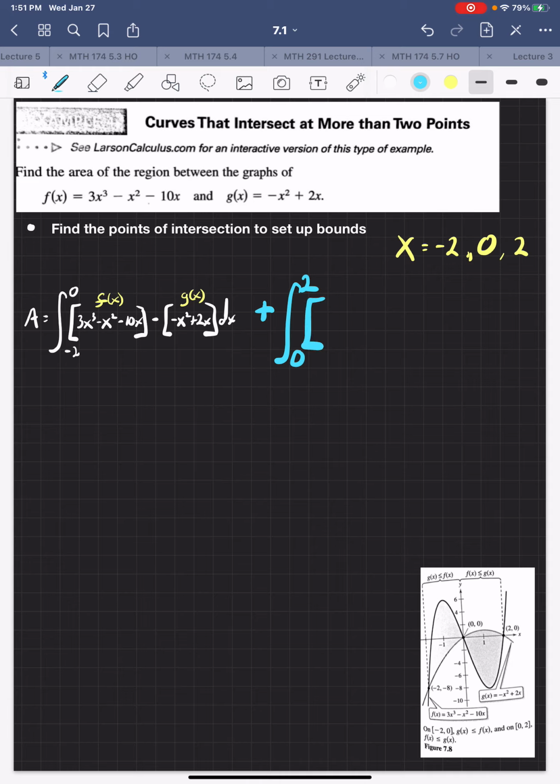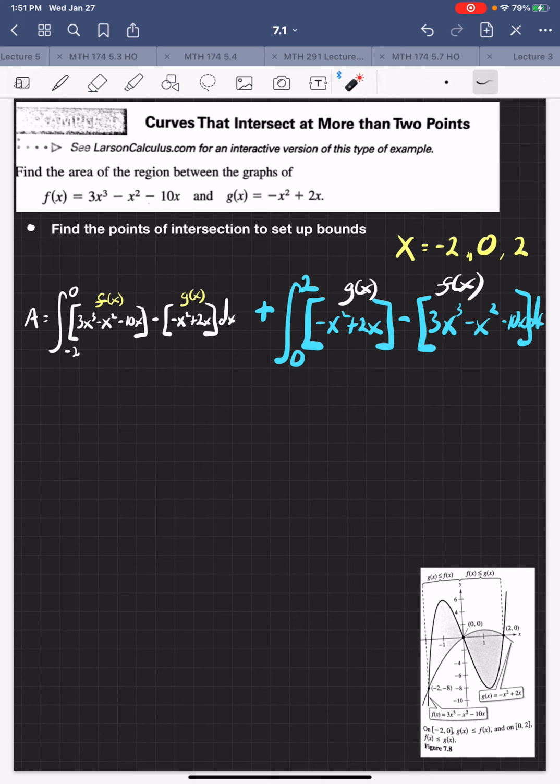Only this time, since g is above f, it's going to be negative x squared plus 2x minus 3x cubed minus x squared minus 10x. Okay, again, this is g of x minus f of x. So two integrals, the sum of two different integrals.